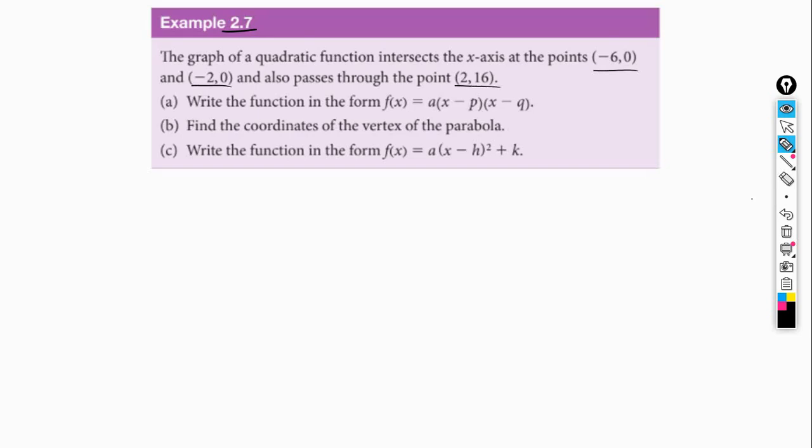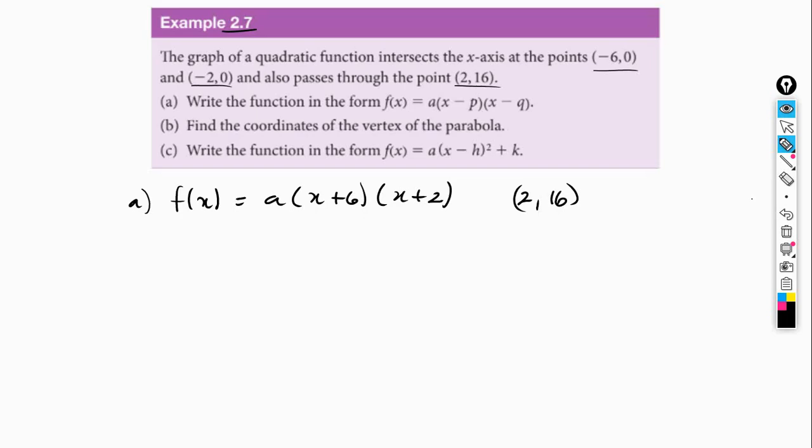Part A, write the function in the form f of x equals a times (x minus p) times (x minus q). Okay, so this is very similar to the previous exercise, and we know that f of x should equal a times (x plus 6) times (x plus 2). And then we can use the fact that they give us a point, which is (2, 16), to find the value of a.